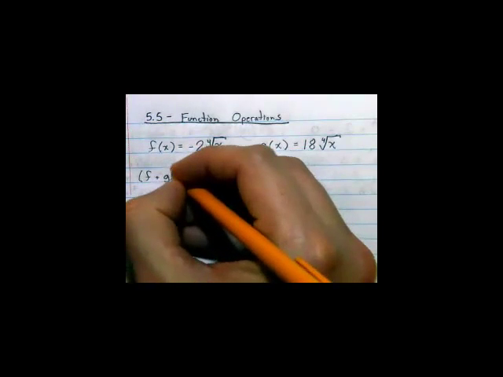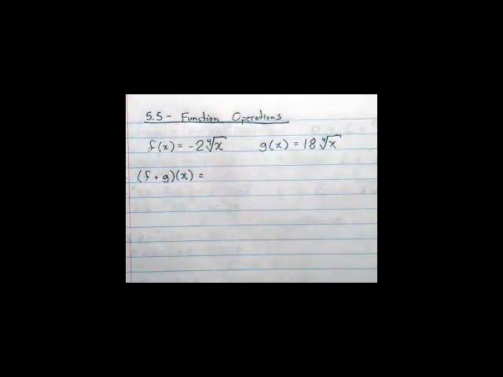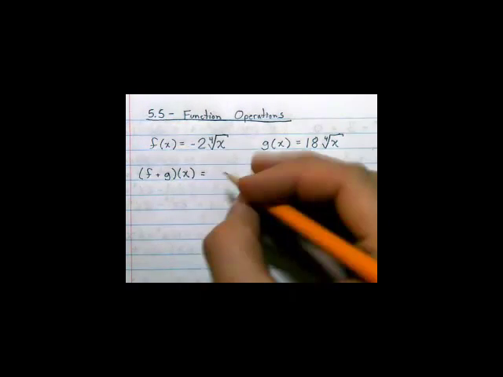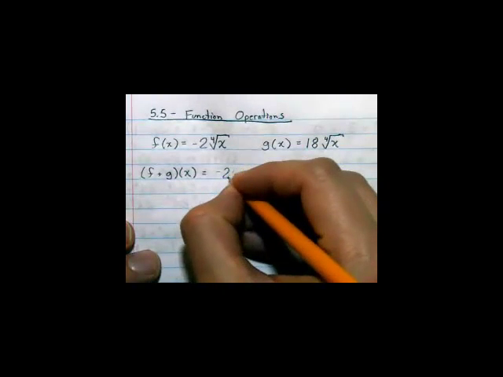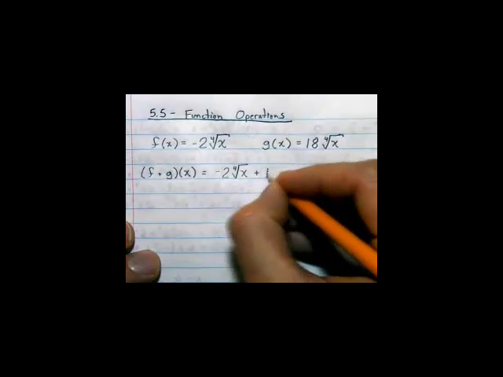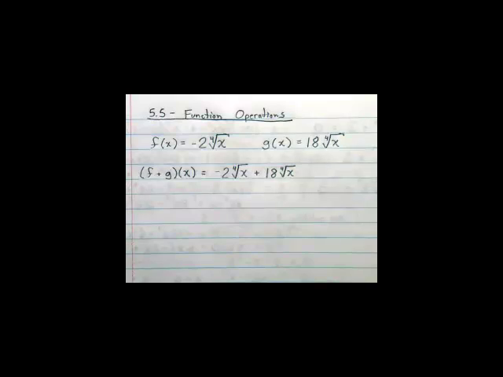So if I wanted to add the two functions together and create a new function, the notation for that looks like this. f plus g of x, which basically is f of x plus g of x. It's just taking the two and adding them together. So I've got -2 fourth root of x plus 18 fourth root of x. Okay, we talked about this a little bit before.